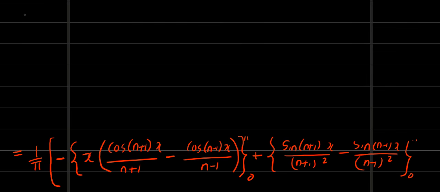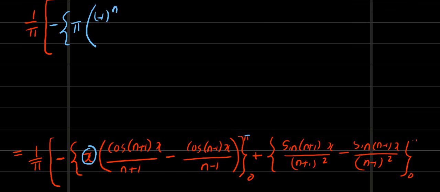Here we get 1 by pi, and then you can put the upper limit. The upper limit is pi. So when I put pi here, of course I'll get pi, and inside the bracket I'll get minus 1 the whole power n plus 1.